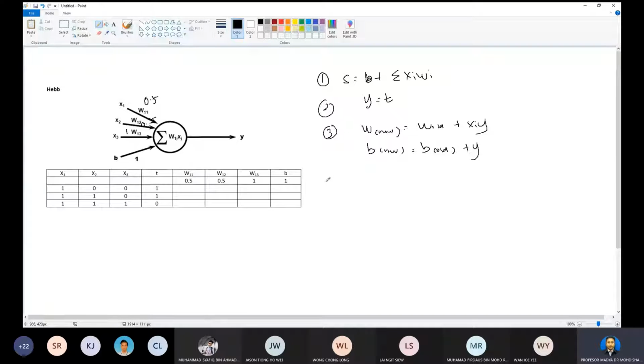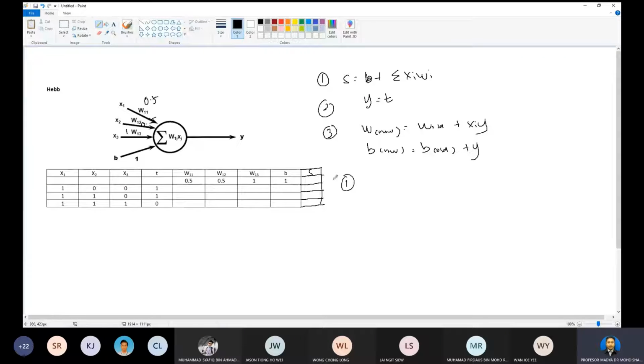As I mentioned, the first step is to calculate the S. Maybe we can put another column here for S. For the first one you can go straight to adapting the weight and bias without calculating S, but to follow the steps, we have to calculate the net input S.